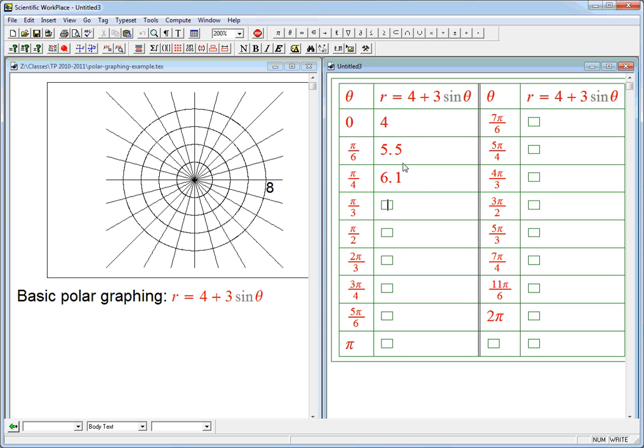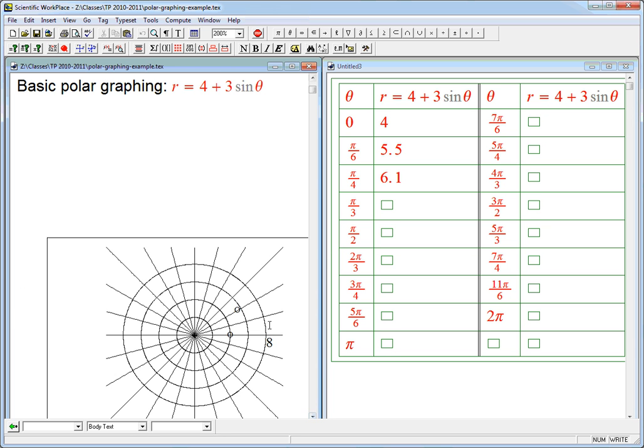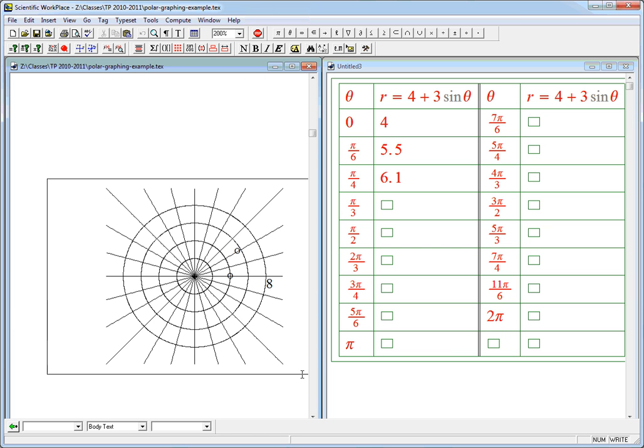Okay, so we can go ahead and start plotting those points on our graph. Let me show you what's happening there. As we make things in the table, we can look at how that plots. Here's the first two. Here's theta equals 0, so that means you go out in the standard plus x direction, and you go out 4 units. Remember, these are units of 2, just because I didn't want to have too many circles, it would be too busy.